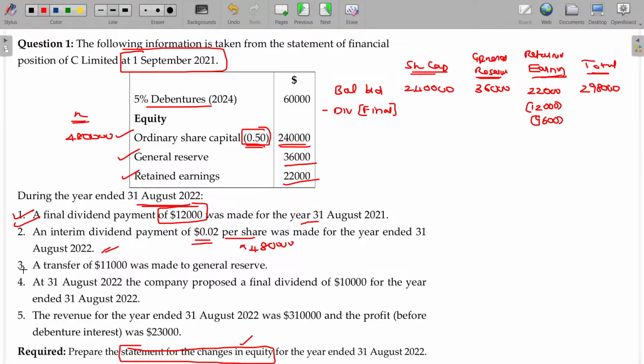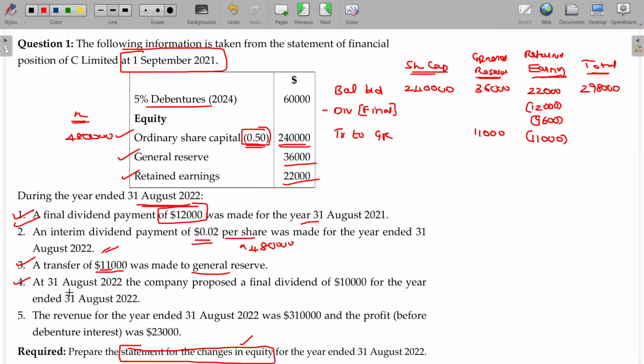Then a transfer of $11,000 was made to General Reserve. So transfer to GR, in short. 11,000 will be subtracted from the retained earnings. The amount subtracted from the retained earnings will now be added to the General Reserve.